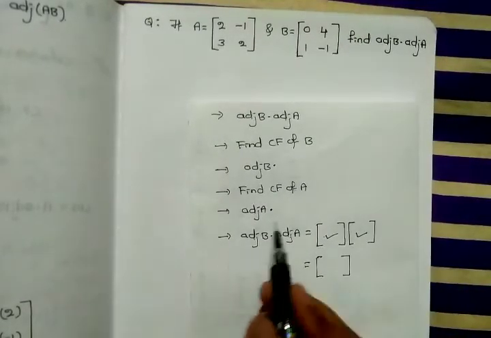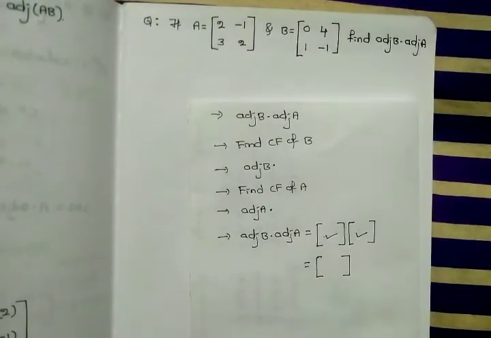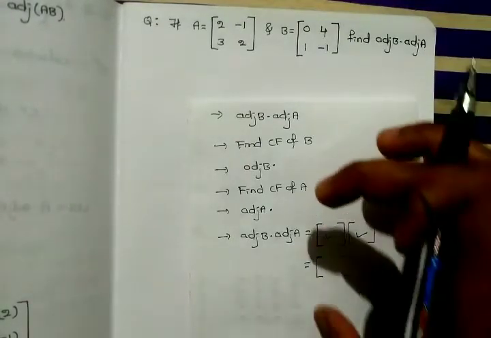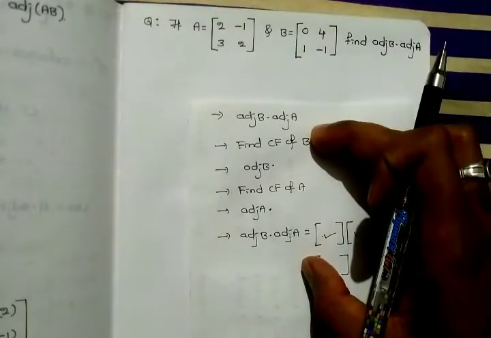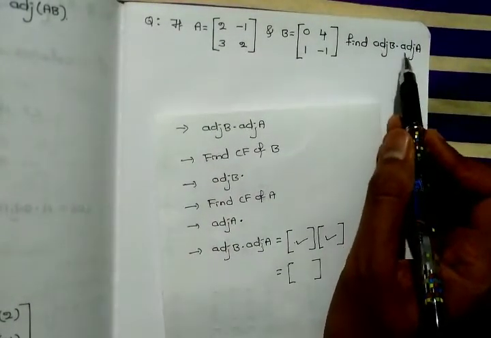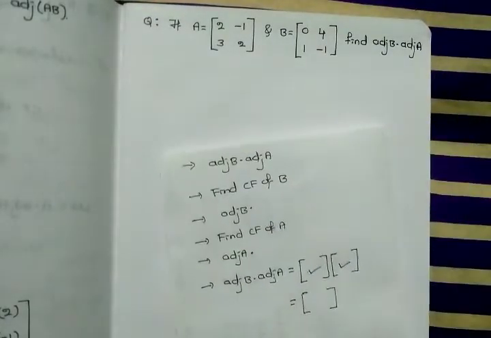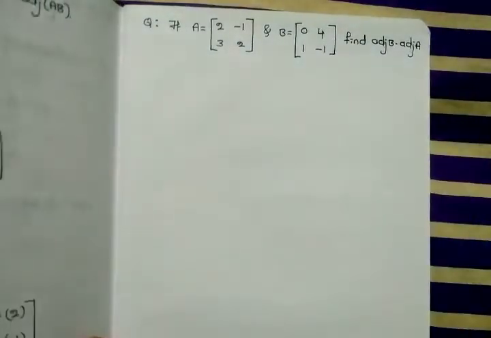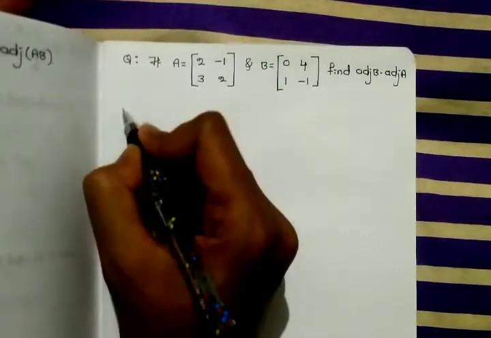That is the final value of adjoint of B into adjoint of A. So these are the few steps you need to follow whenever you are solving adjoint of B into adjoint of A. So we'll solve. So first, solution.